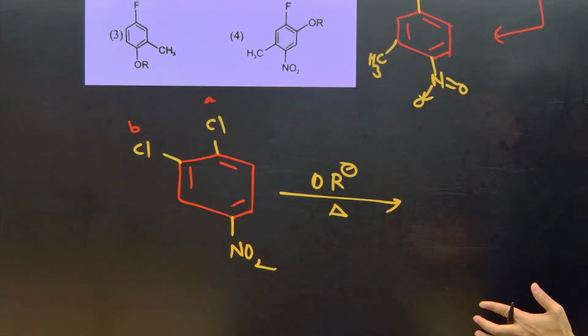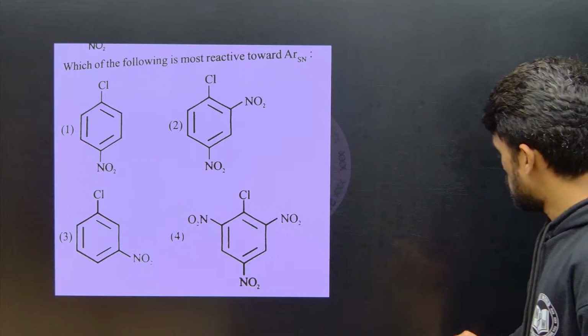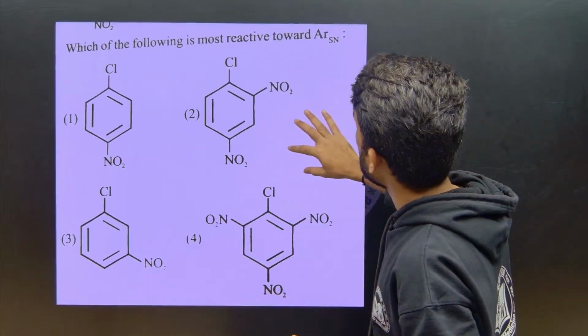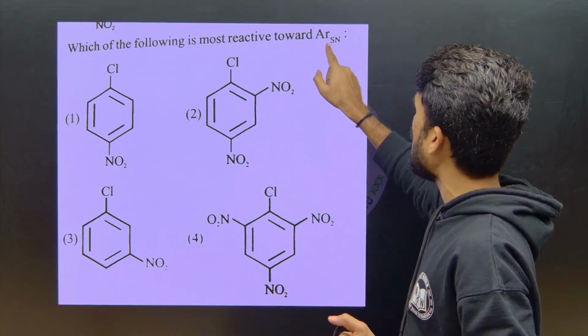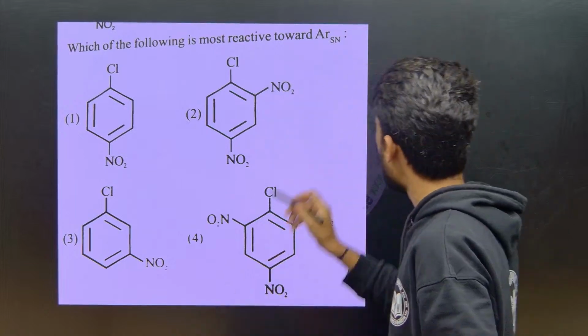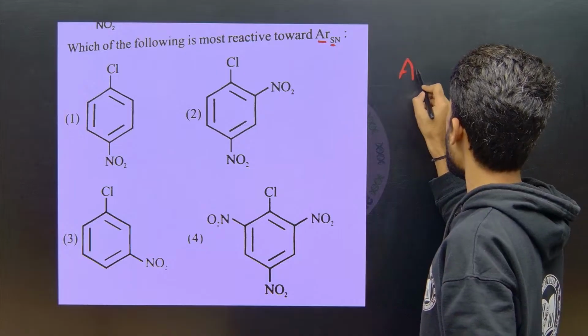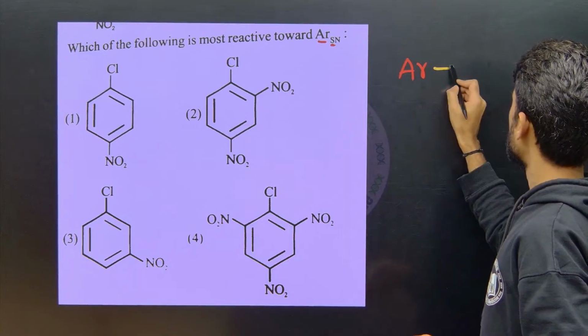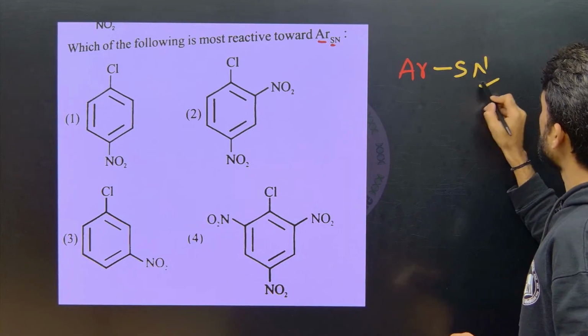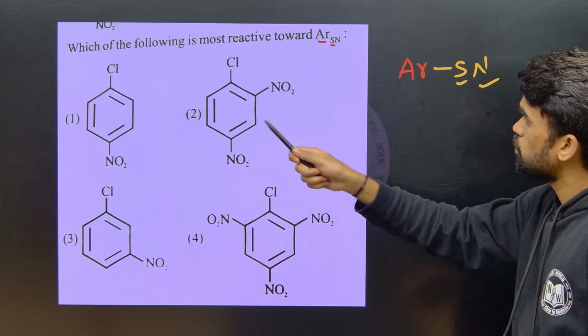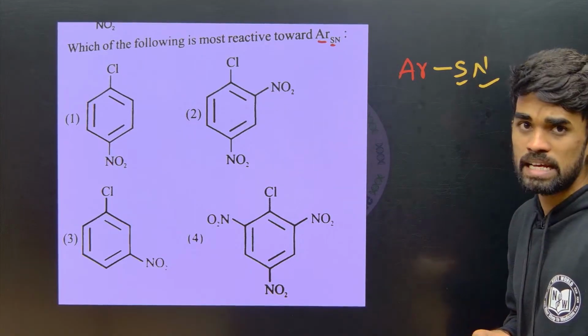Yes, let's move forward. Again, which of the following is most reactive towards ARSN? ARSN means what? Aromatic nucleophilic substitution reaction. AR, aromatic, SN, nucleophilic substitution reaction. So which is more reactive towards ARSN?